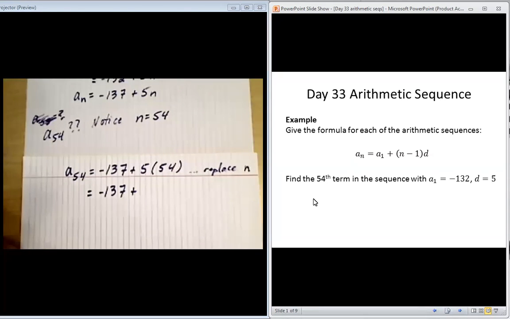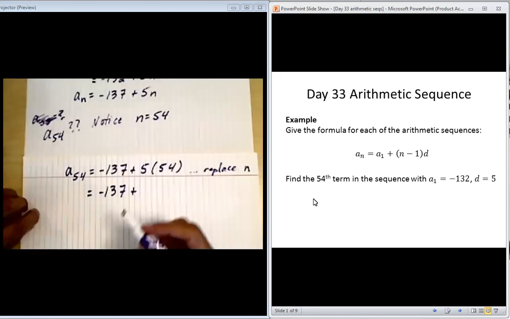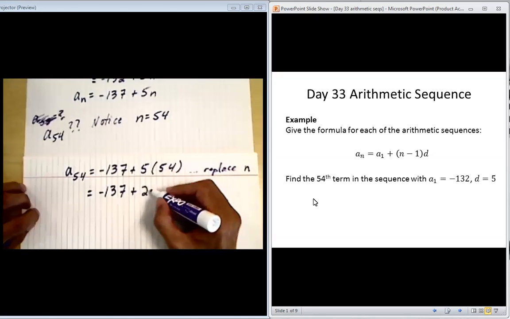I think I know what it is. What about you guys? What do you get? 5 times 54. 270. Yeah, I think so too. 270 is what I got in my brain. Yeah? Okay.